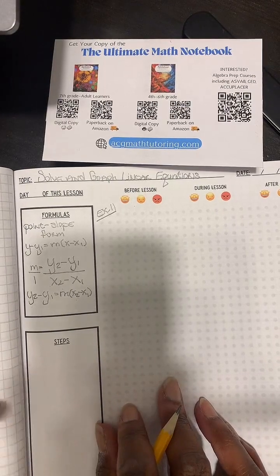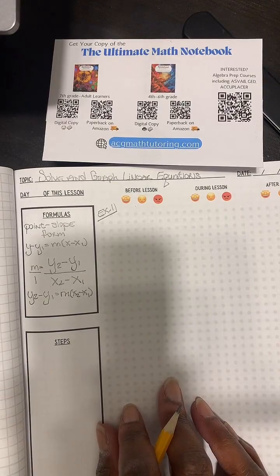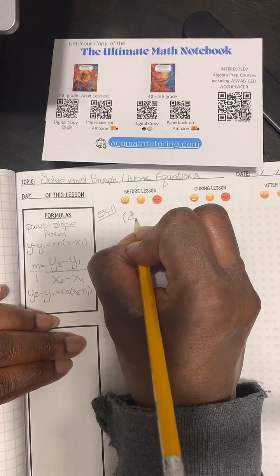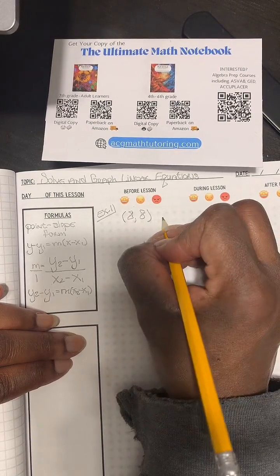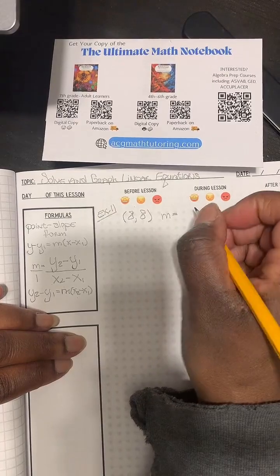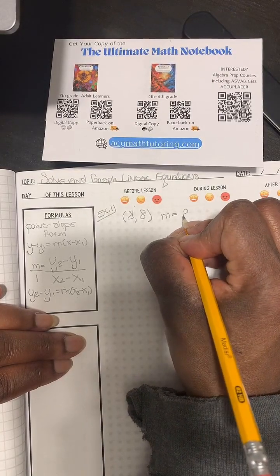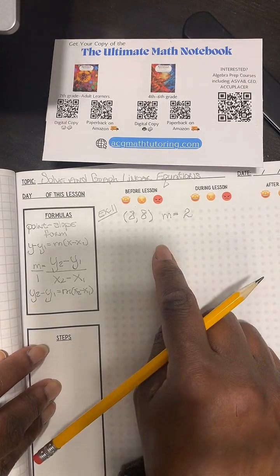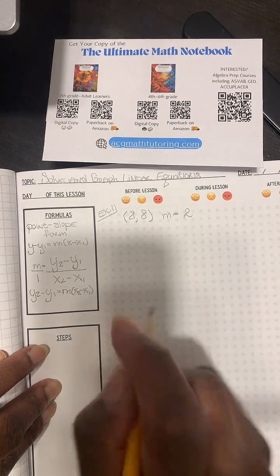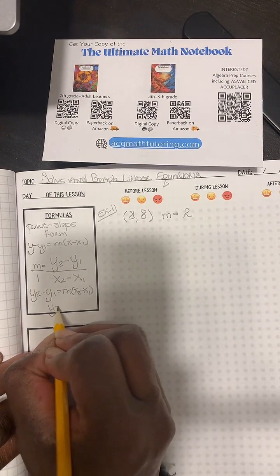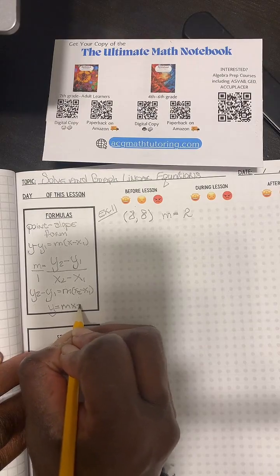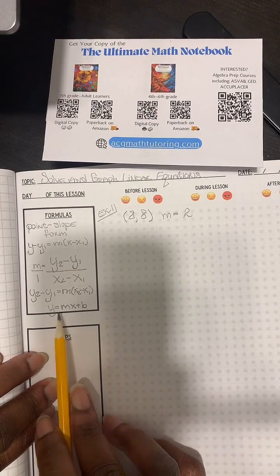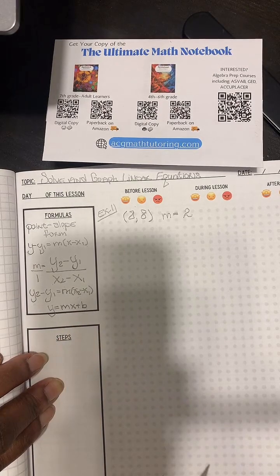So the first one, I'm going to give you a point. The point is (8, 8) and my slope is going to be 2. We want to find the equation of the line. If you recall, the equation of the line is y equals mx plus b, and we just need our y-intercept, that's our starting point, and our slope to help us along.